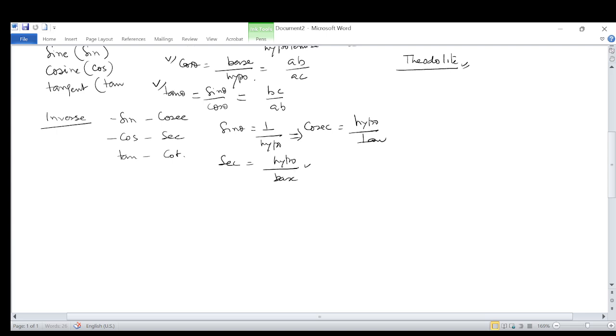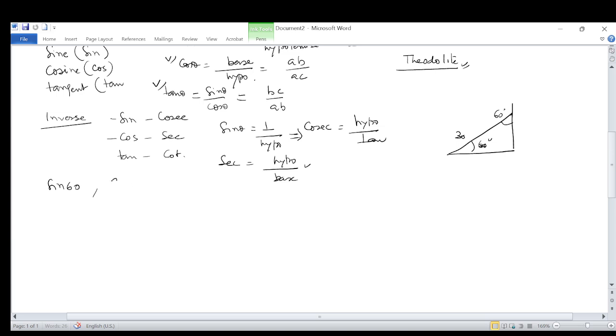Okay, now coming to some important angles. Suppose this is 60 degrees. Then it may be asked, what is the value of sine 60 or sine 30? If it is 60, then the other may be 30. Don't go by the drawing. I always say this. This may be 30 because it looks acute, and this is obtuse, so it may be 60.